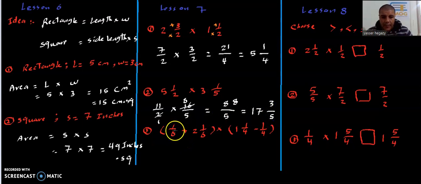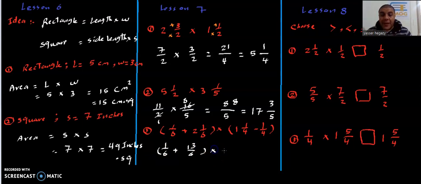Here in number 3, we have 1 out of 6 plus 2 and 1 out of 6, multiplied by 1 and 1 out of 4 minus 1 out of 4. So here the first brackets multiplied by the second brackets. Add, multiply, subtract. So we add here 1 out of 6 plus 2 and 1 out of 6, which is 13 out of 6.